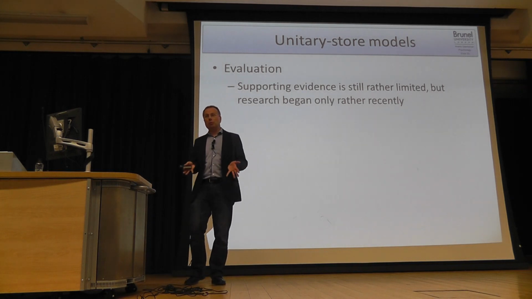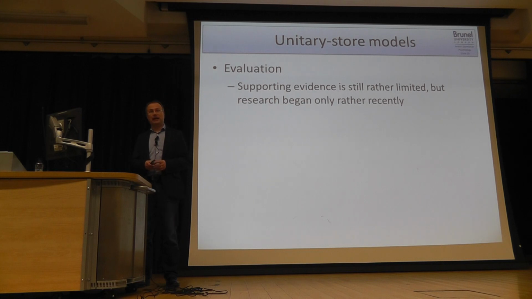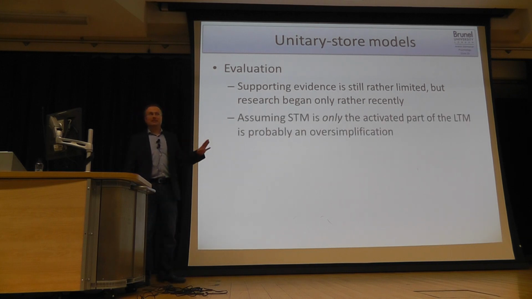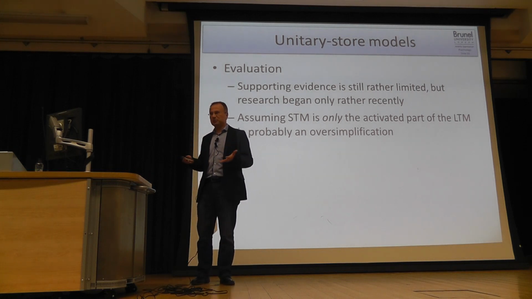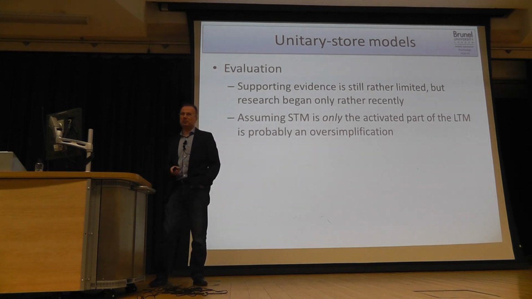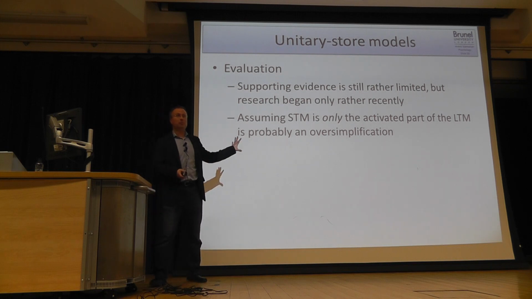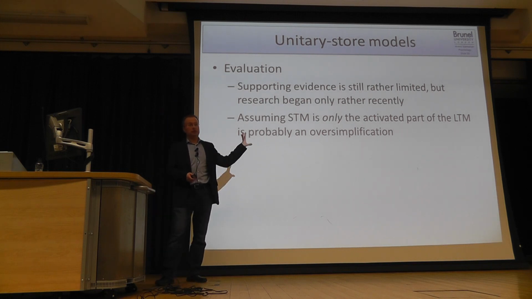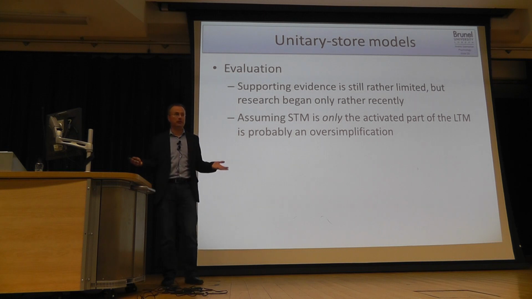It's a rather new model, and there's not too much evidence on that. And probably assuming that short-term memory really is only and purely the active part of long-term memory may be an oversimplification again. However, my main point is don't always think in boxes, like, of course in memory we know we have short-term and long-term memory, so it must be 2 different things.